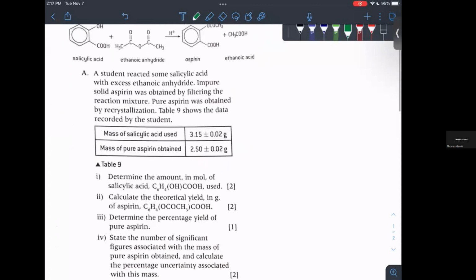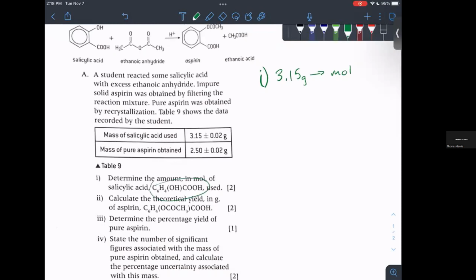Determine the amount in mole of salicylic acid used. For this one, we're just converting our mass used in grams, 3.15, into moles. So what we need is the molar mass of salicylic acid. Looking at this formula, we have 7 carbon masses, 6 hydrogen masses, and 3 oxygen masses, so all in all we're going to have a mass of 138.13 grams per mole.